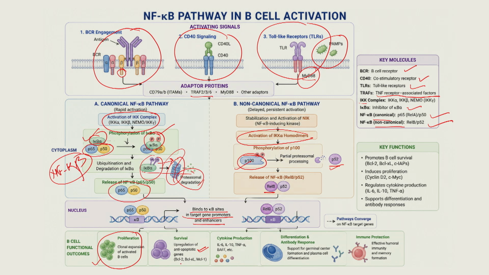Some of the genes are BCL2, B cell lymphoma 2, BCL-XL, and MCL1. These are very specific anti-apoptotic genes which are getting upregulated upon NF-kappa B pathway activation.